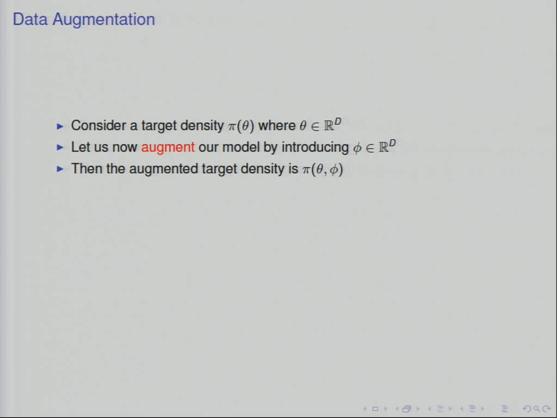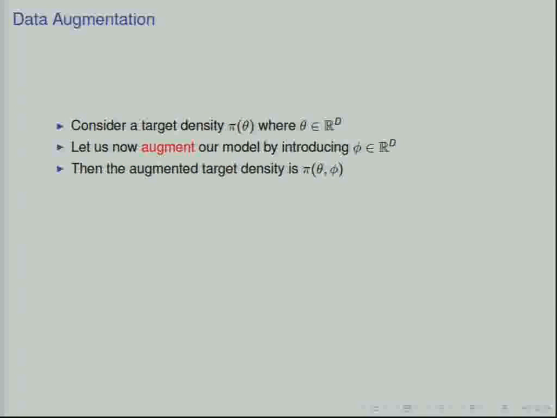But it turns out that in some cases, if we augment our model with another random variable, call it phi, and the augmented target density, pi of theta and phi, so let me just stress that the parameters of interest in our statistical model are theta, and these phi's are auxiliary, right? They're ancillary.